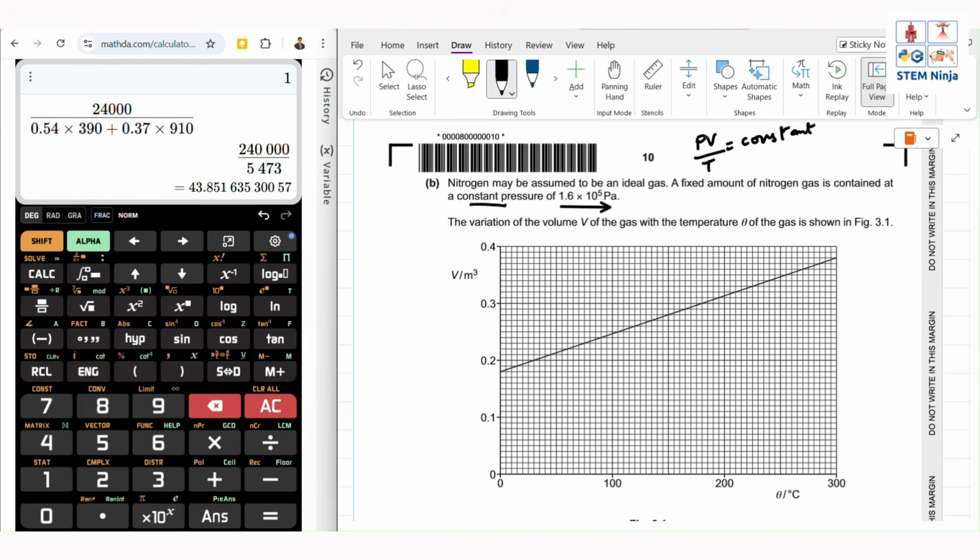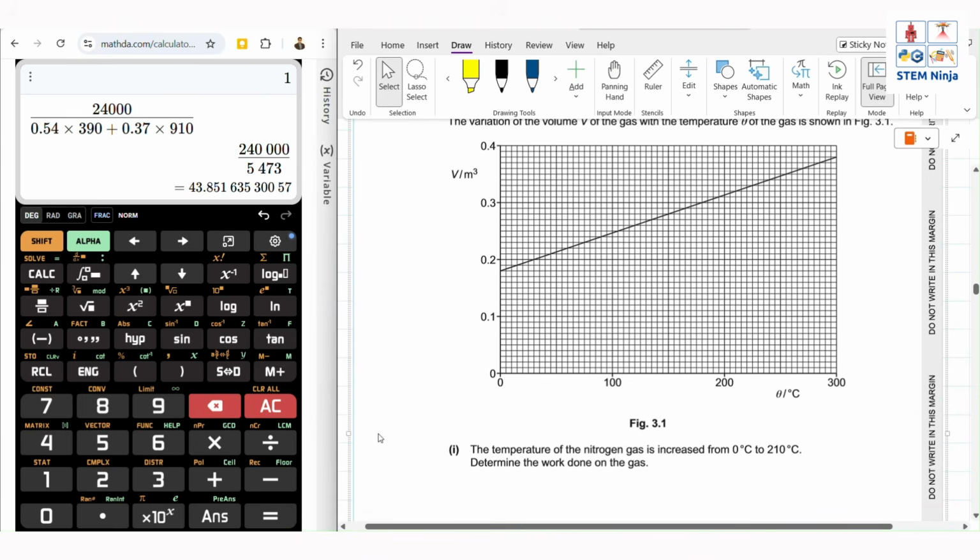This is the definition of the ideal gas, that the product of pressure and volume is directly proportional to thermodynamic temperature. So if this is an ideal gas, it definitely obeys this relationship. Fixed amount of nitrogen gas is contained at a constant pressure. Variation of the volume V of the gas with temperature theta of the gas is shown.